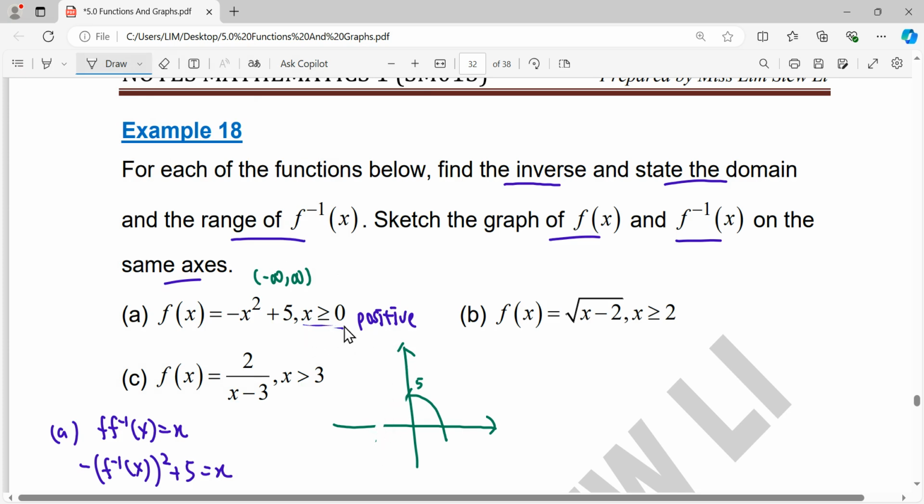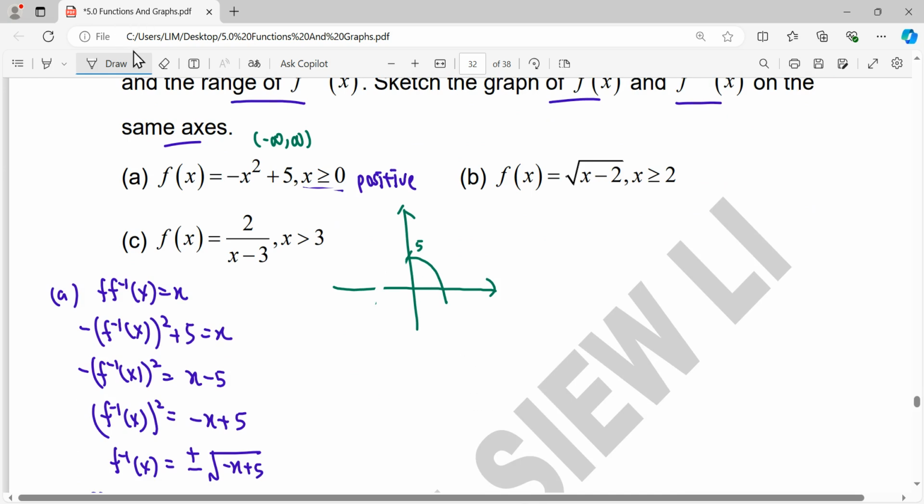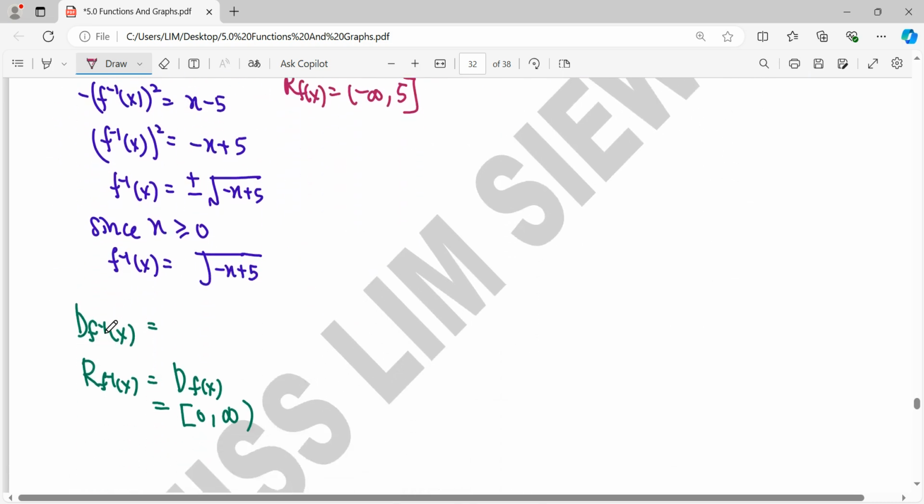So domain x more than 0. For range, the maximum point is 5. So domain of the function, 0 to infinity, range of the function, negative infinity up to maximum value 5. Therefore, the domain of the inverse function refers to the range of the function, which is negative infinity until 5.